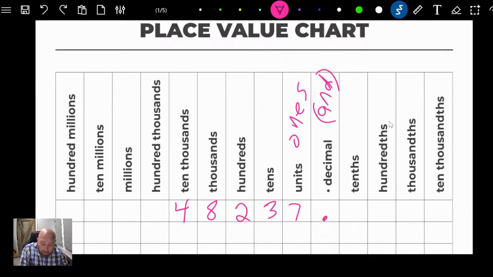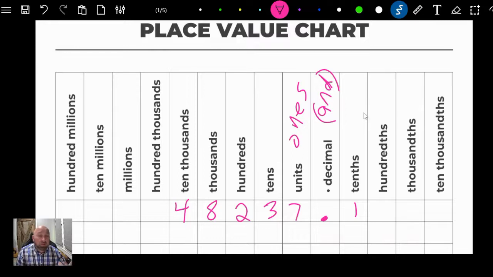Let's go ahead and add a decimal now. So we'll just put a point right here in the decimal place. Now we're going to read it with the word "and," right? Because that's what we read when we get to the decimal place. And then let's do tenths. Let's put a 1 in the tenths place. Now the 1 is in the tenths place, the 4 is in the 10,000s, the 8 is in the 1,000s, the 2 is in the hundreds, the 3 is in the tens, and the 7 is in the ones, or the units.